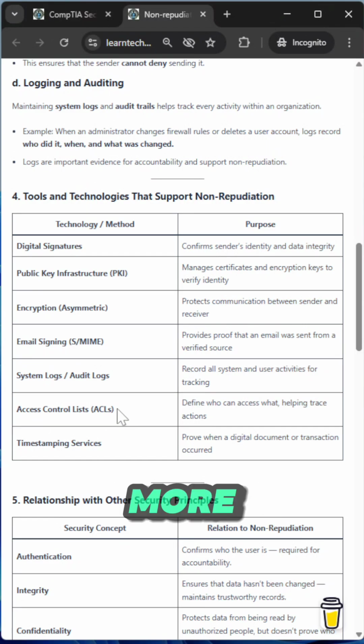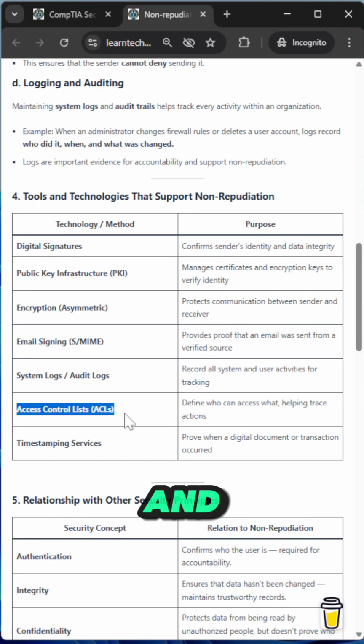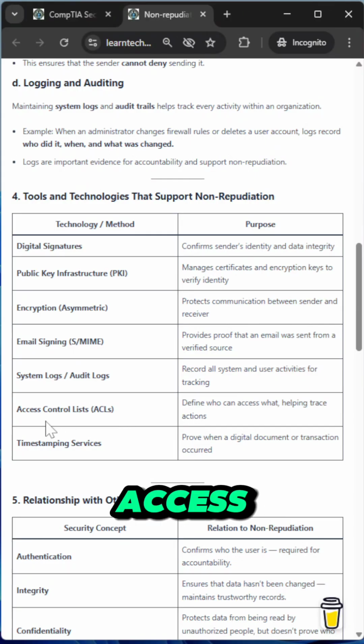So this is more to do with networking. If you're interested in networking, you can try our other courses like CCNA or Network Plus, where we will show you how access control lists are done and how they work in real life. Timestamp is related to logs. A log is basically a record whenever anyone or anything happens on a system, it logs it.